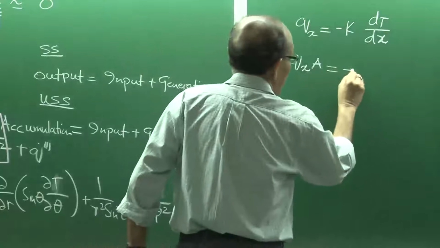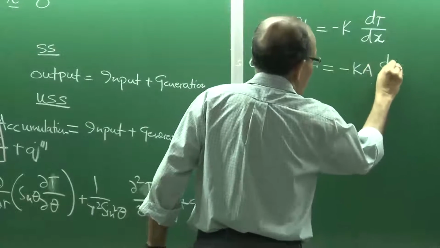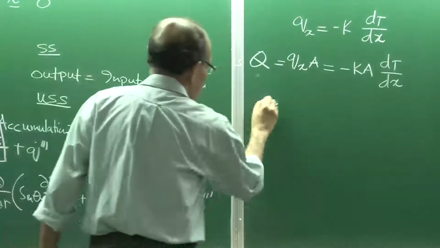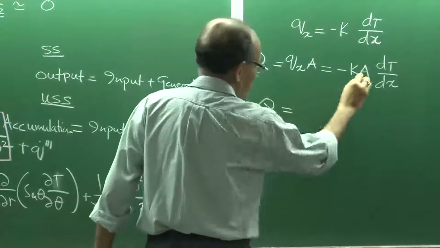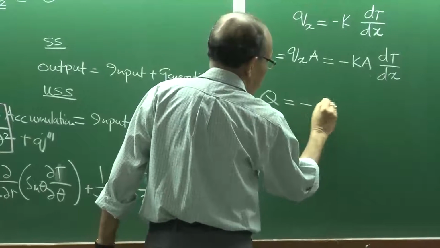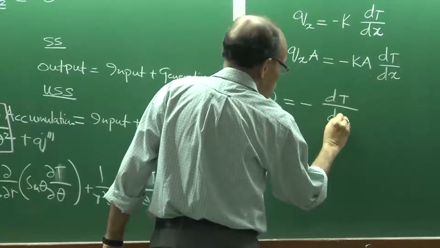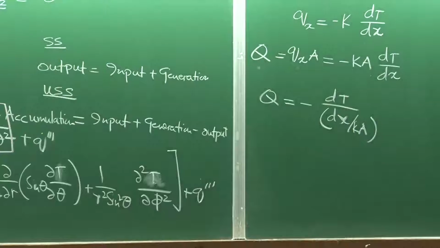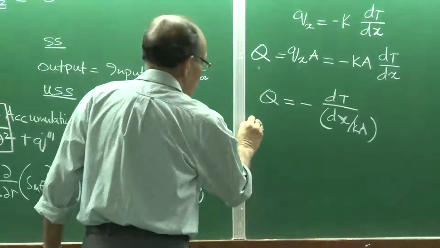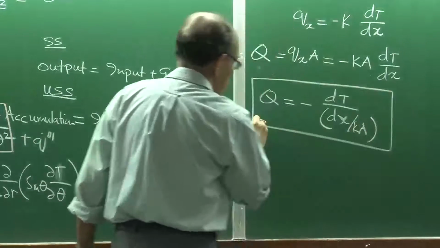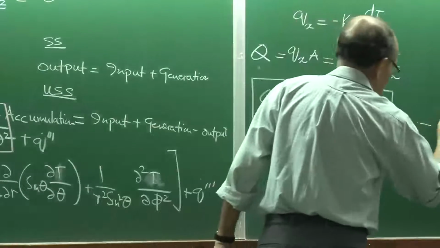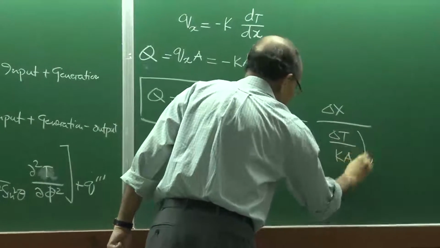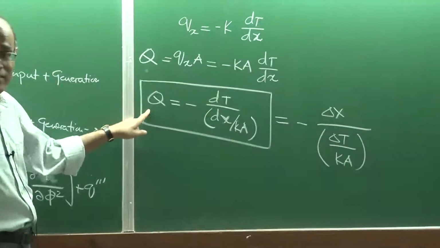And that gives us minus k A dT/dx. This essentially tells us that the flow happens like minus dT, and then we have dx over k into A. Now, if you look at this equation, what flows is heat, okay?